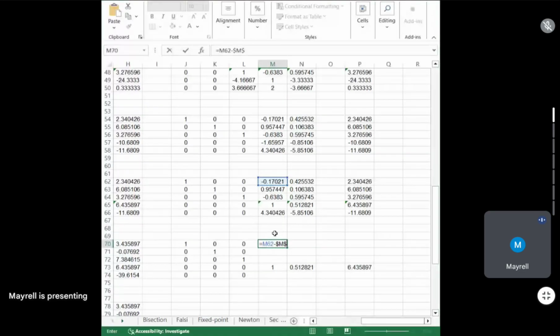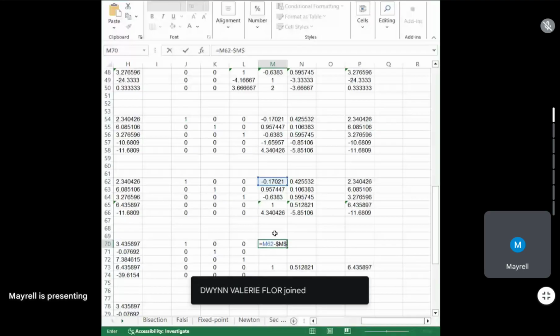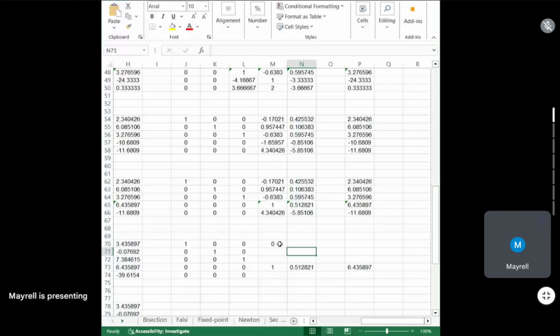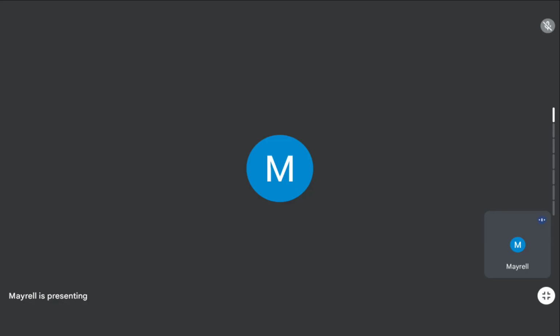And the other, second row, minus our M here in A24, so it's in cell M63, times row 4.